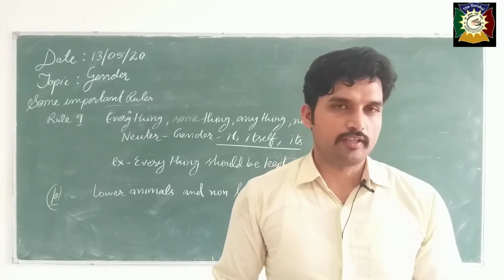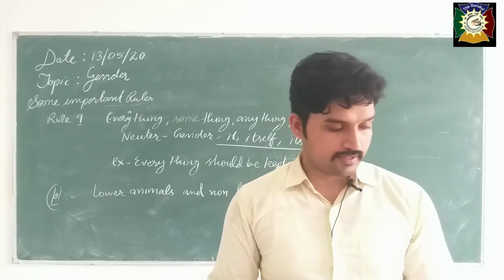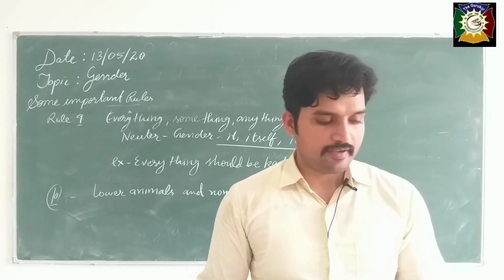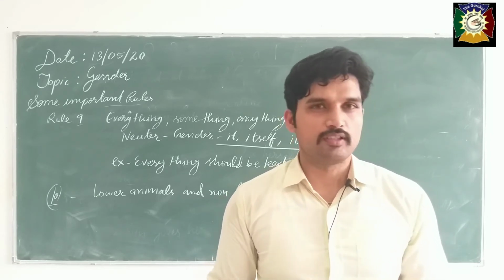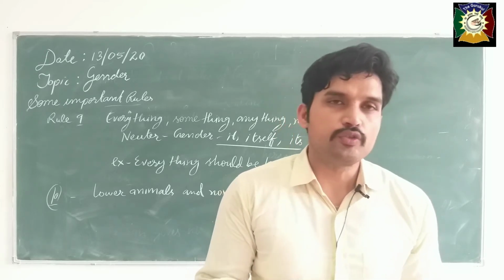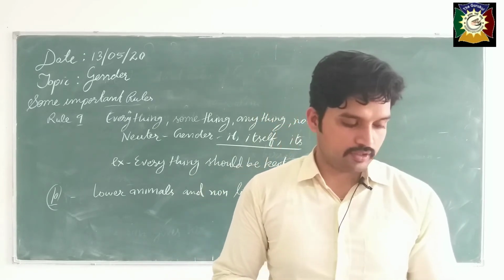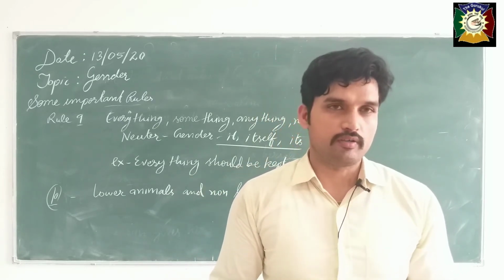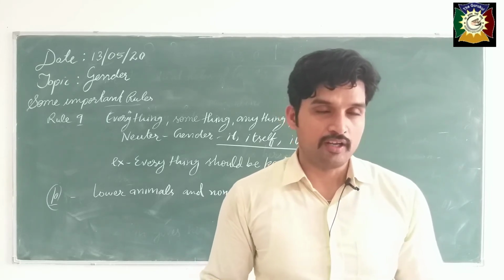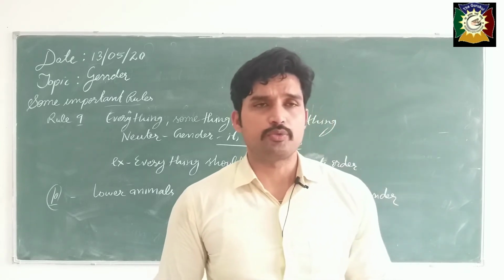Collective nouns, for example, jury, committee, class, team, government, family, council, army, etc. Now, when you use these collective nouns, you have to use neuter, means it, itself, its, etc. For example, I'm taking jury. What do you mean by jury?